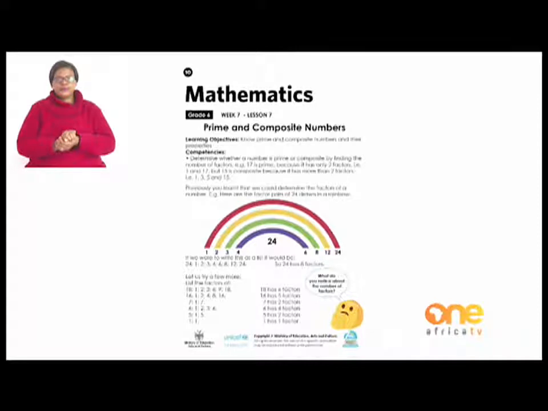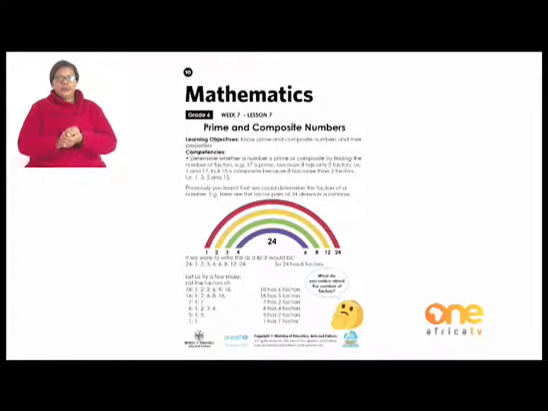Follow with me. It says, previously you have learned that we could determine the factors of a number. And here are the factor pairs of 24 drawn in a rainbow.